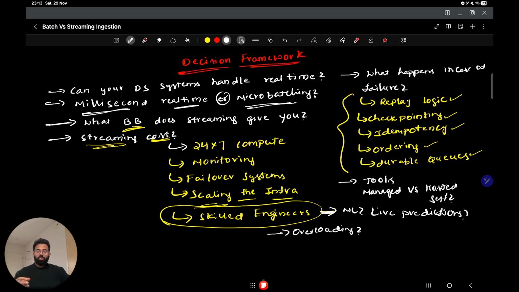Let's say you are pulling data continuously from a relational database, your operational database that your company might be using for powering your applications or operations. If you are pulling data continuously from that production database during office hours or business hours, that might slow down the transactions for the users.